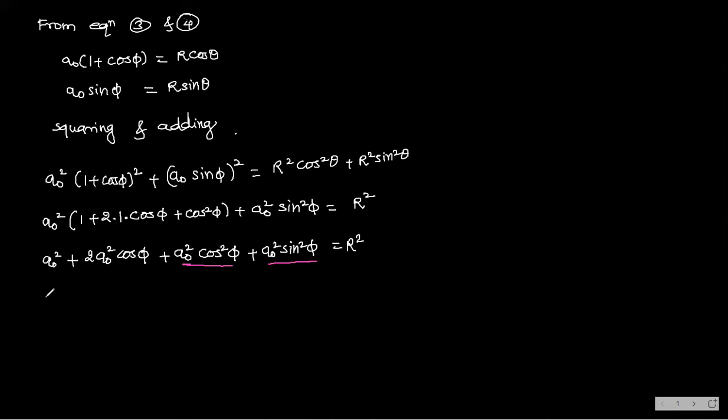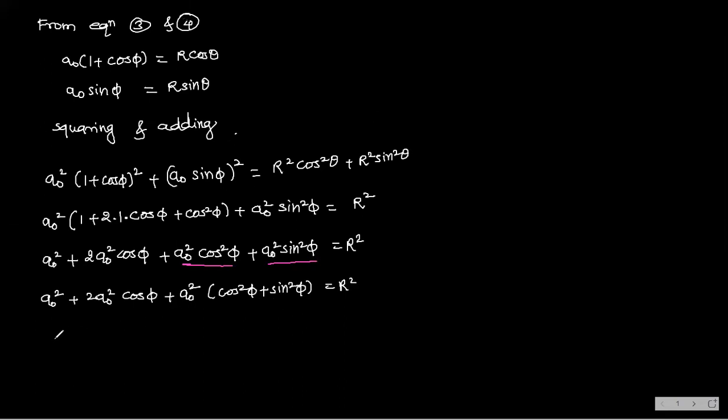Right. So this is a naught square, plus 2 a naught square cos phi, plus a naught square, again, cos square phi plus sin square phi, which is equal to r square. This is 1.